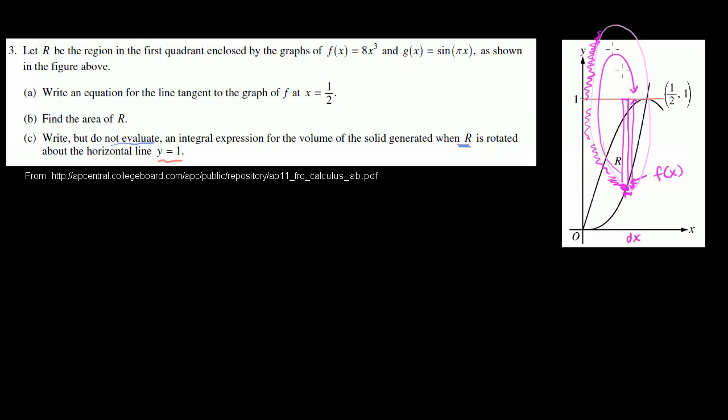It is dx. And what is going to be the area of that coin? Well, the area of the surface of this coin, let me do it in a different color, in blue, is just pi times the radius of that coin squared. And what is the radius of the coin? Well, the radius of the coin is this height right over here. And what is that height? Well, it is 1 minus f of x.